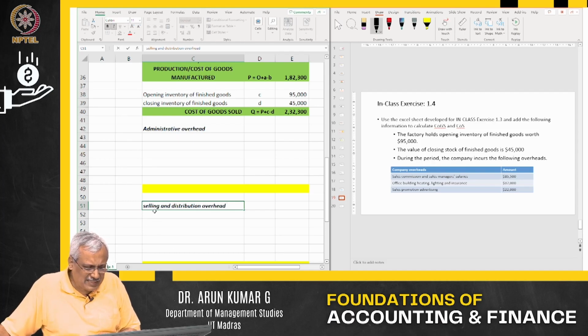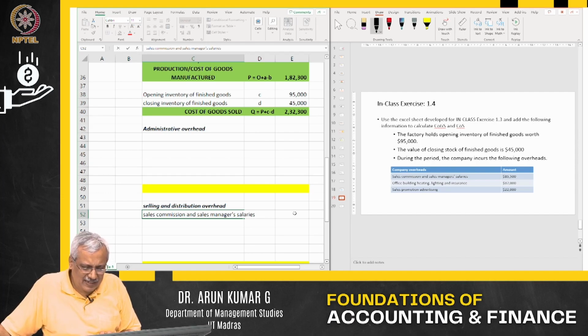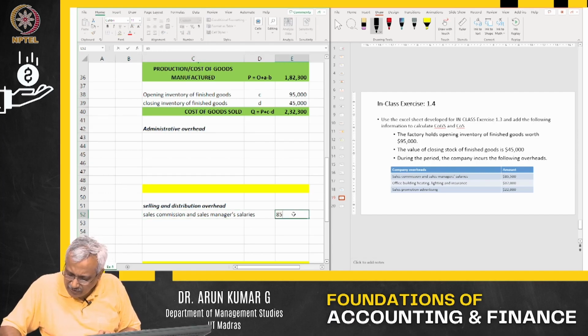Sales commission to sales managers and sales manager's salary, roughly about 85,500 in this case.